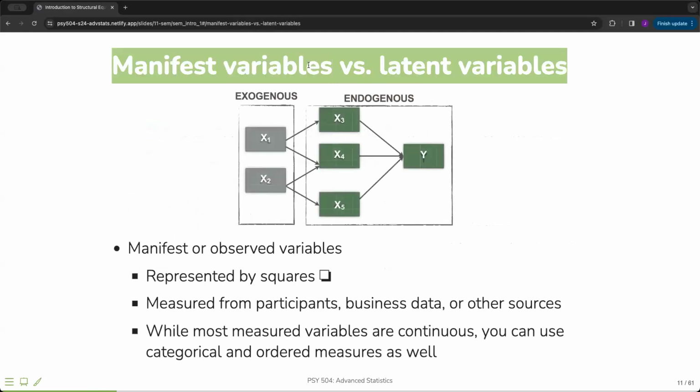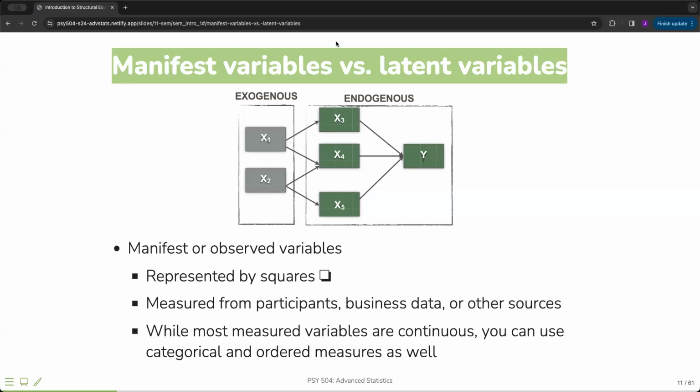Another important distinction in the SEM world is between manifest variables and latent variables. In a path analysis, all we have are measured variables, or observed variables, or manifest variables. They're all synonymous with the same thing, and what we'll see is squares. That represents our manifest or observed variable.